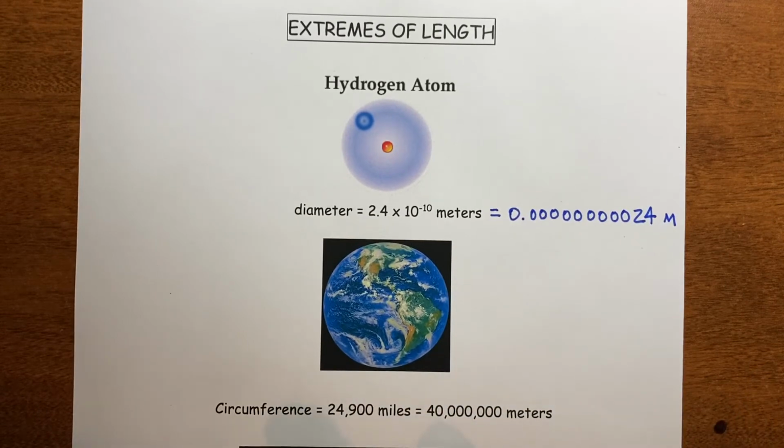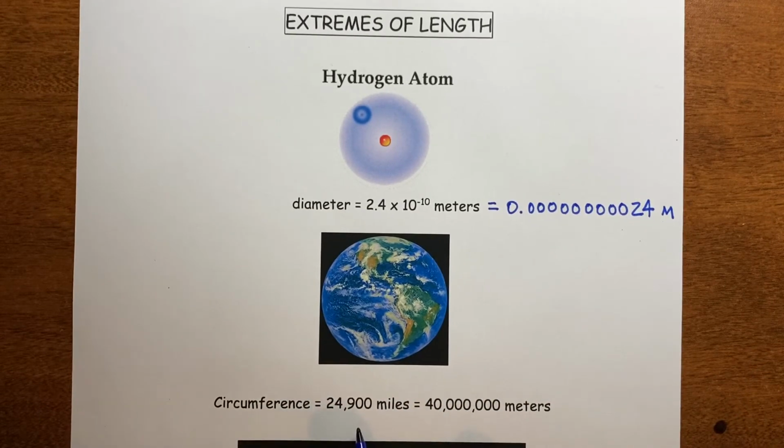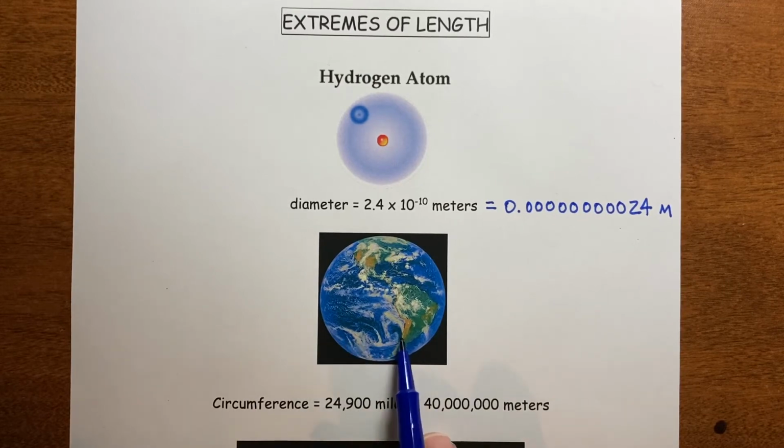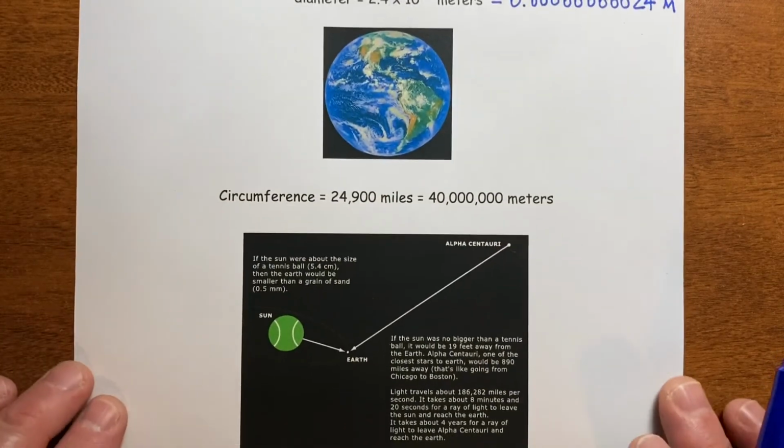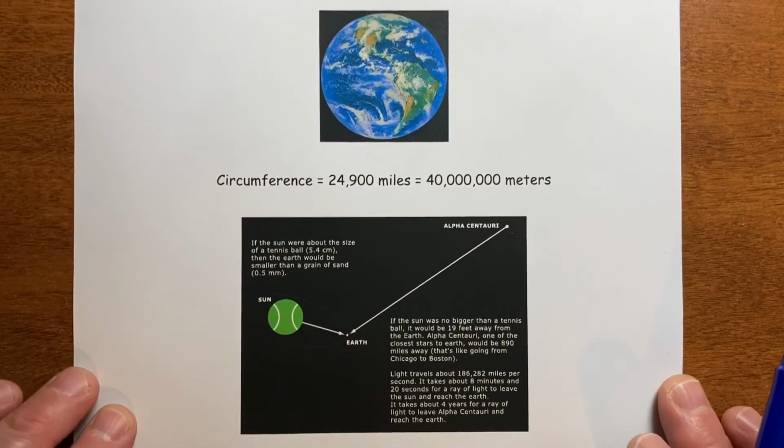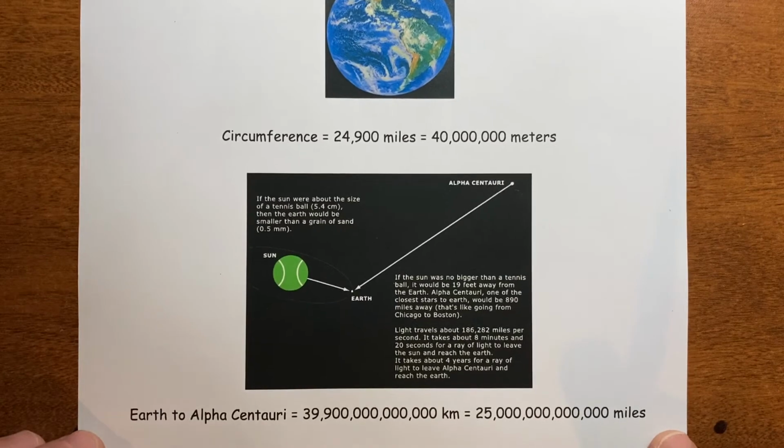The circumference of the Earth is about 24,900 miles, or 40 million meters. But on the grand scheme of everything, that's tiny, tiny, tiny. If you look at this diagram here I found in another textbook I used to use, it shows you relative scales.